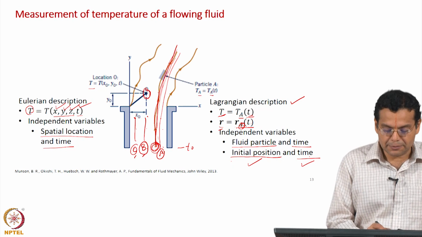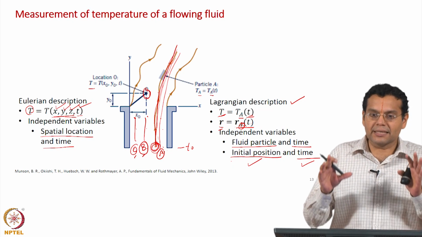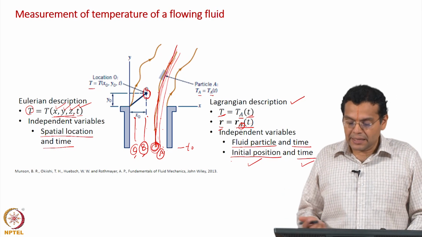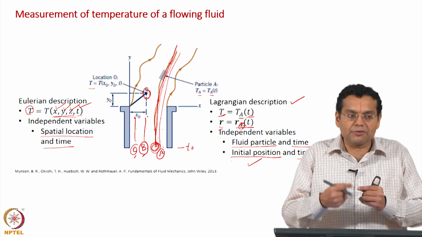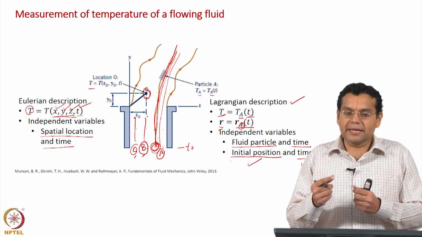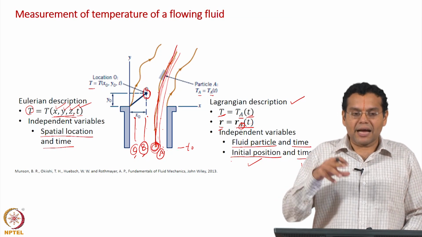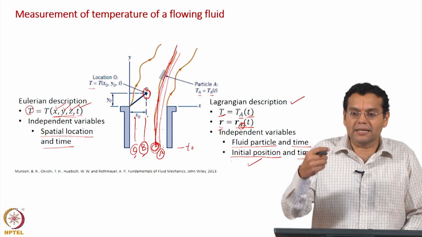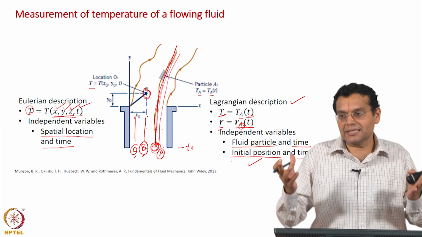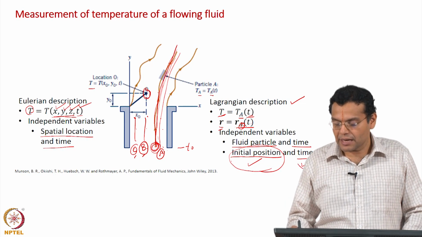In the Eulerian description, the spatial coordinates, which are the usual x, y, z, and time are the independent variables. Time is anyway common to both of them. In the Lagrangian approach, because we are following a fluid particle, those fluid particles are the independent variables, but because it is inconvenient to identify particles by numbers or letters, we identify them by position at a particular time, let us say initial time. So, the independent variables become the initial position and time.